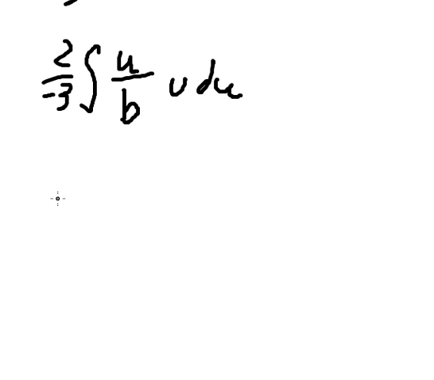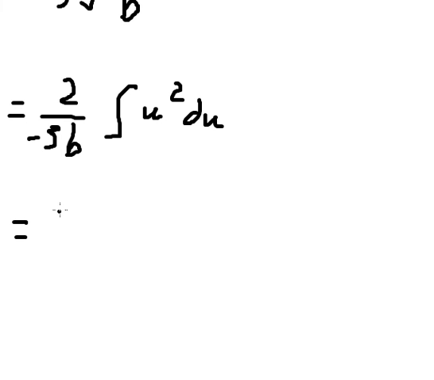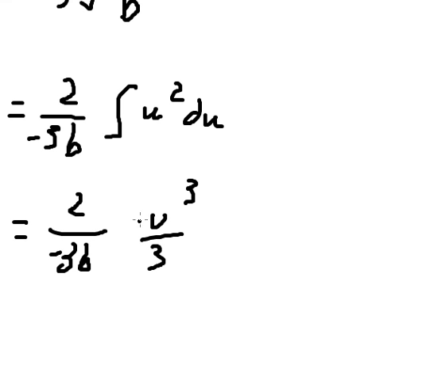The constant I will put outside. The integration of u squared, we have u to the power of 3 over 3, and we put c in here.